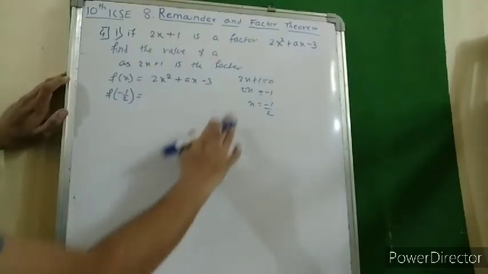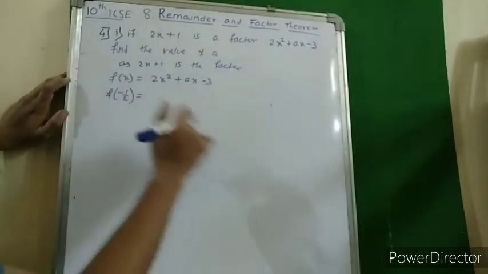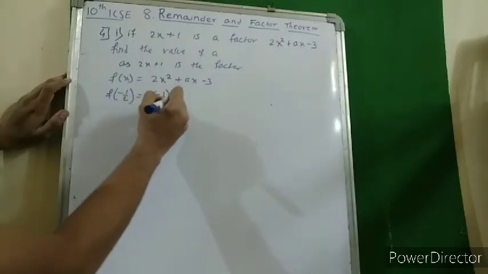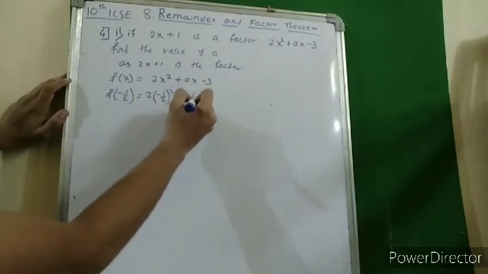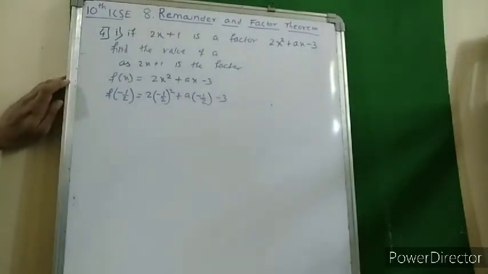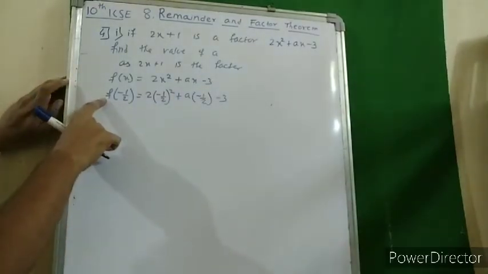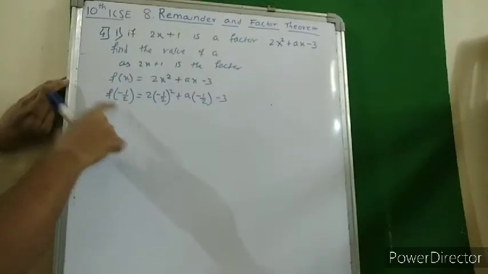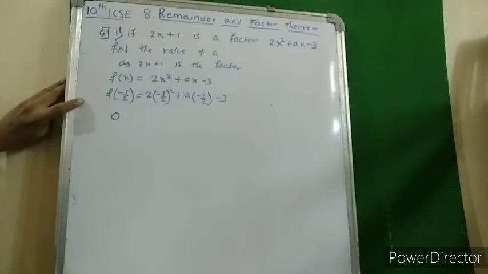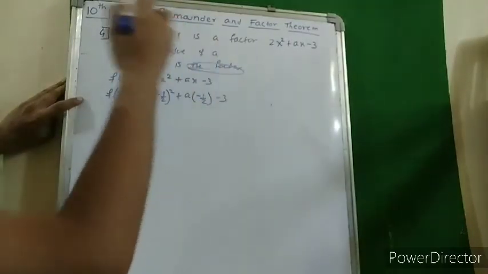Okay, so 2 into minus 1 upon 2 square plus a into minus 1 upon 2 minus 3. When I am finding the function of minus 1 upon 2, I know that the function of minus 1 upon 2 is 0. Why is it 0? Because it is a factor.